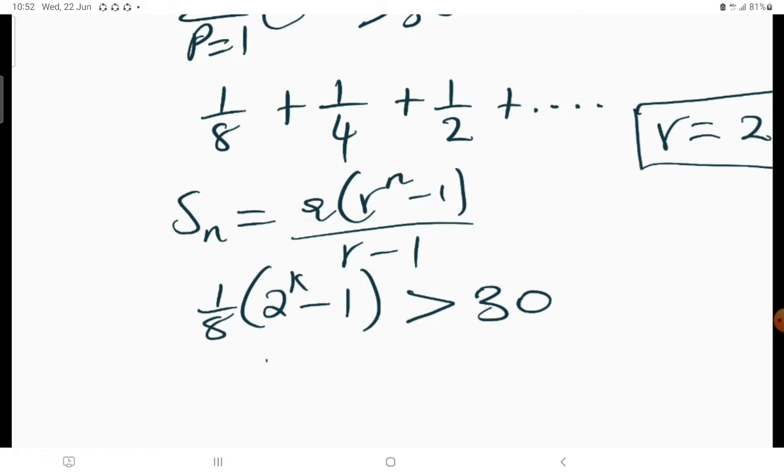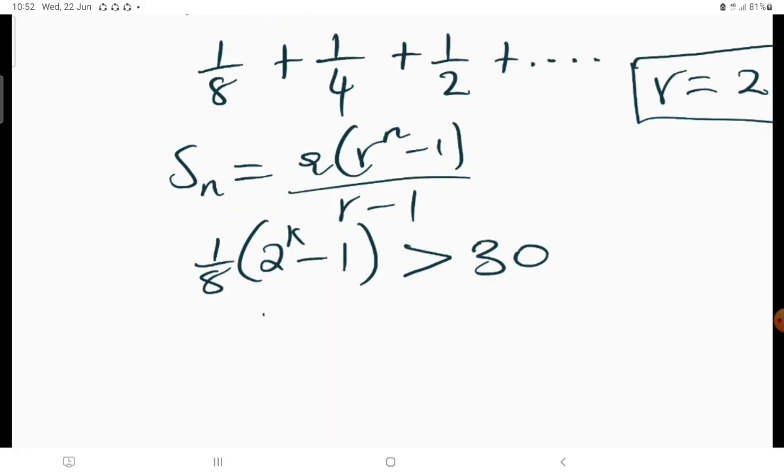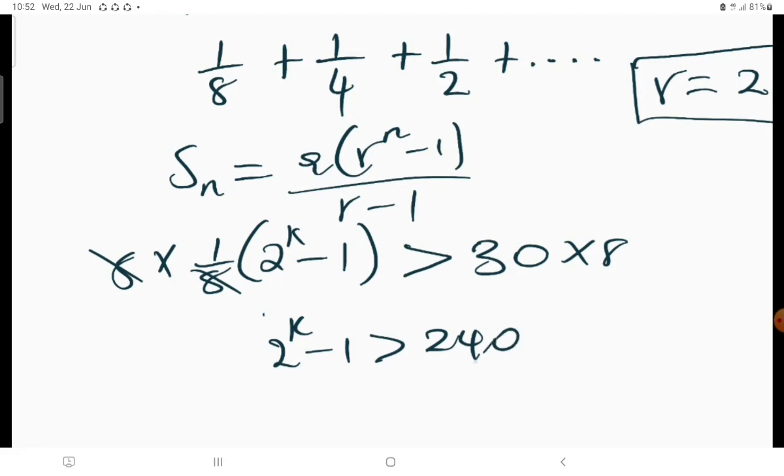On that note, after having this, you can multiply by 8 both sides to simplify. Then this cancels, and you have 2 to the power of k minus 1 is greater than 30 times 8, which gives you 240.